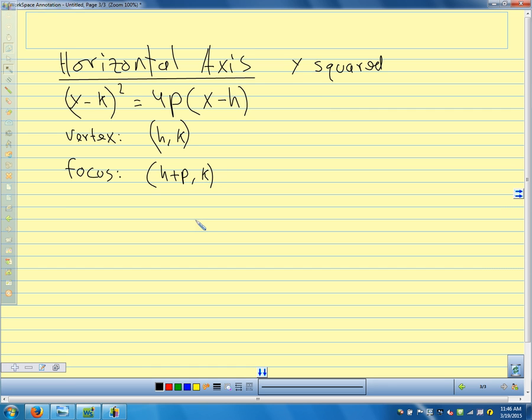So we're going left or right from the vertex to get to the focus. And same thing for the directrix. Now this time our directrix is going to be a vertical line. So our directrix is going to be the line x equals h minus p.